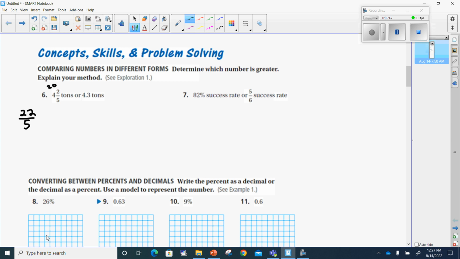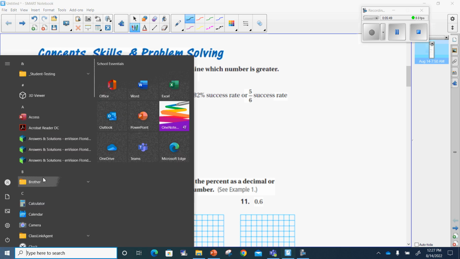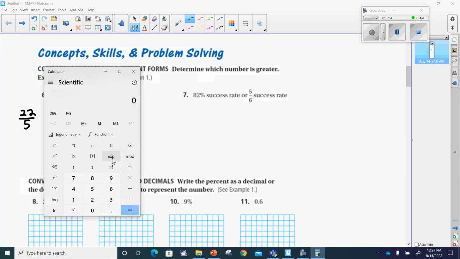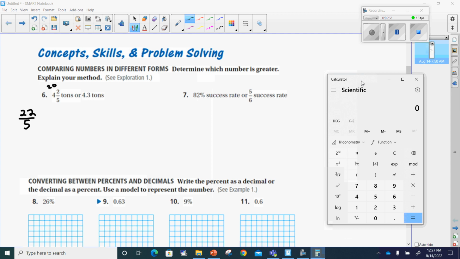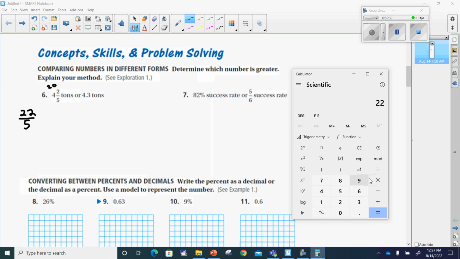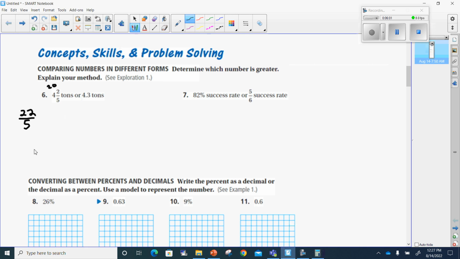And then I could use my calculator and say that 22 divided by 5 is equal to 4.4. That's one way I could do this.